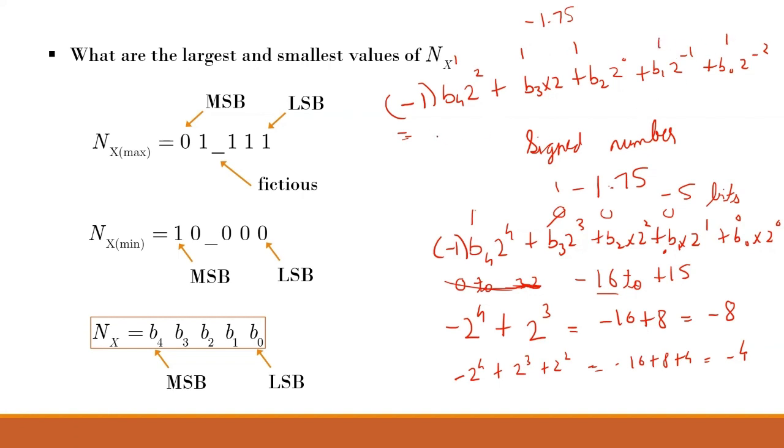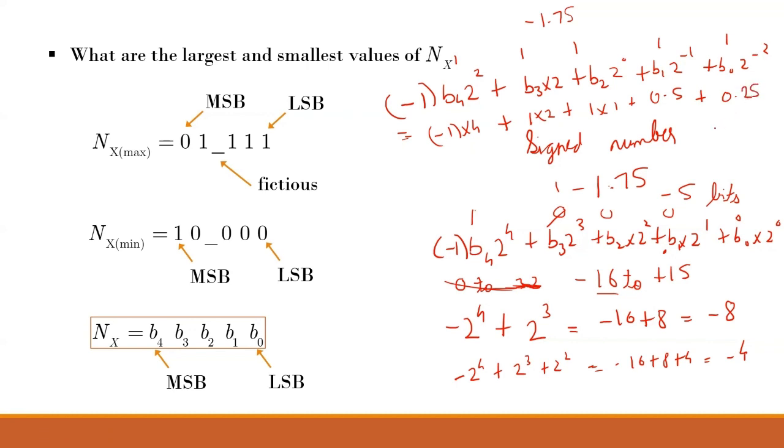So this will be minus 1 into 4 plus 1 into 2 plus 1 into 1 plus 0.5 plus 0.25.